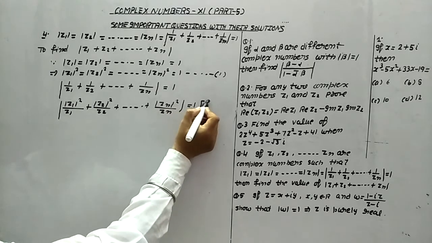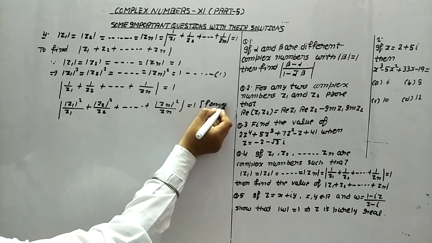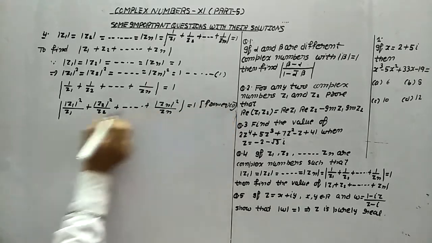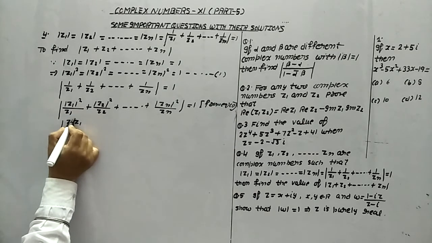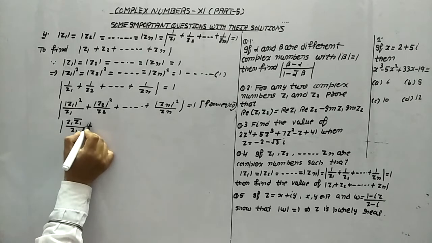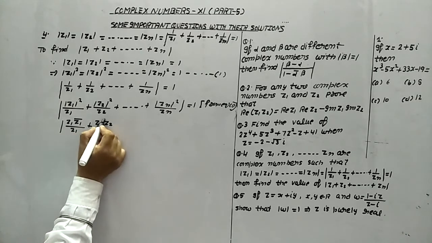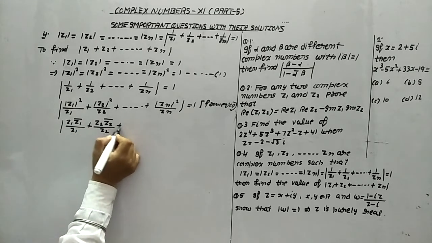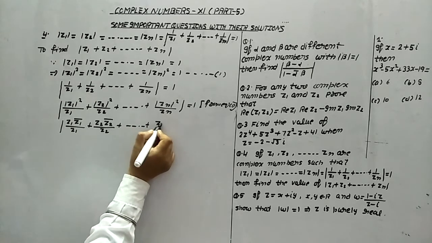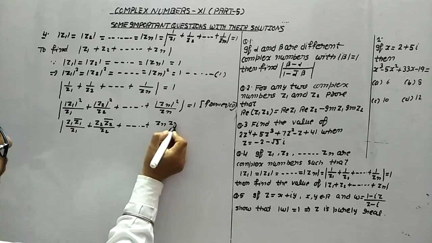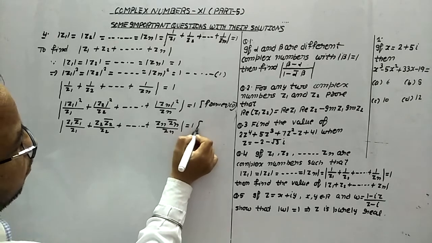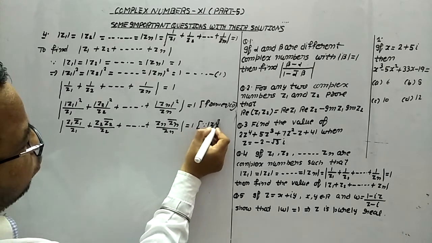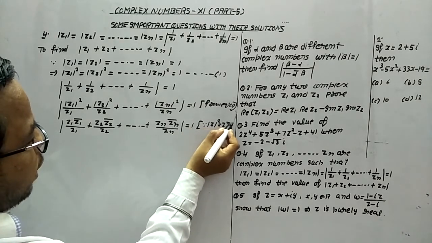This is from equation 1. You know very well, modulus of z1 square means z1 into z1 bar. This is z1 plus z2 into z2 bar upon z2 plus and so on, but this becomes zn into zn bar upon zn is equal to 1, because we know modulus of z square is equal to z into z bar.